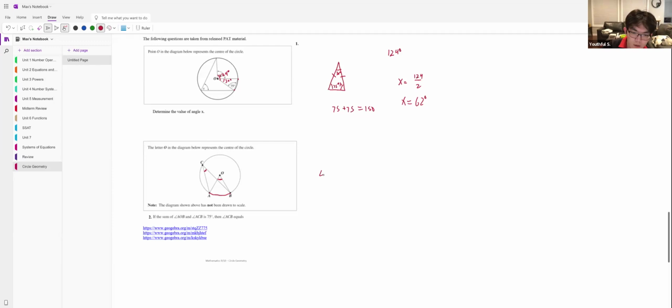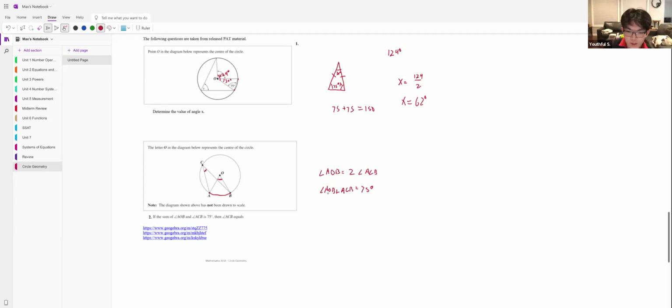So then angle AOB is equal to 2 times angle ACB, and then angle AOB plus ACB is equal to 75 degrees. So then that means that ACB is equal to 25 and AOB is equal to 50, right?